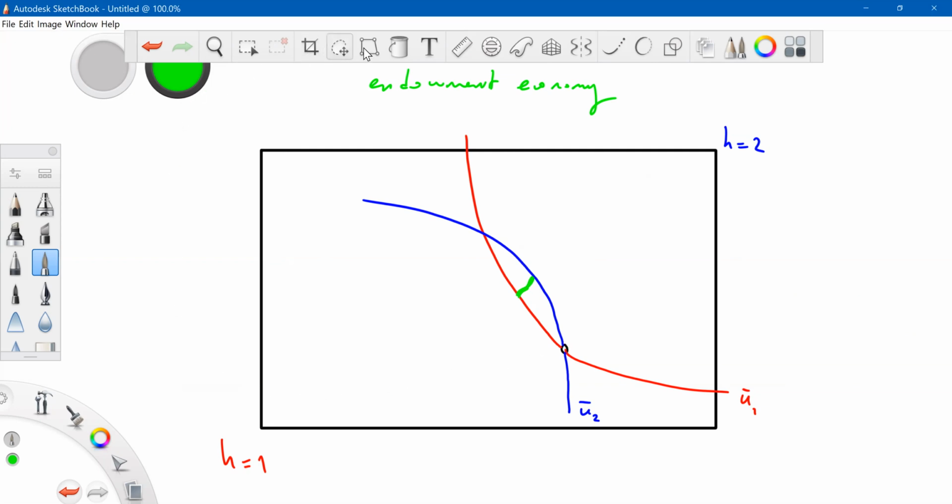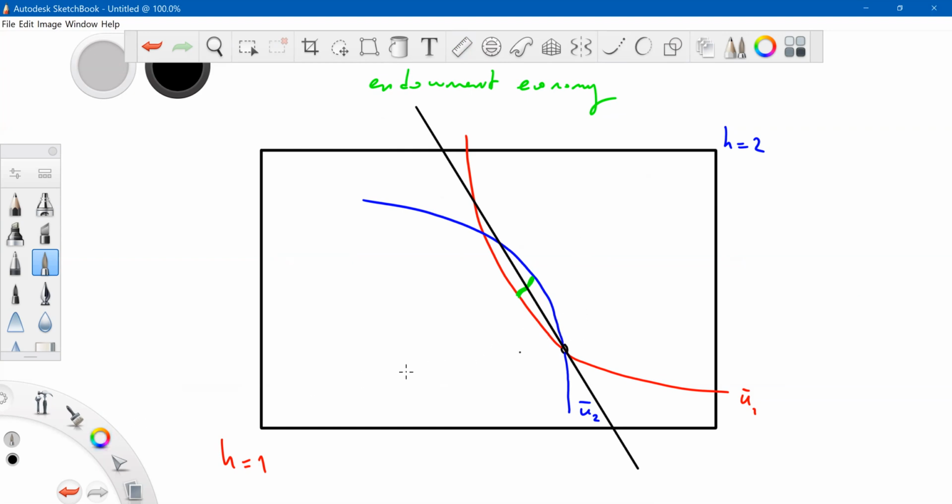So the price vector in equilibrium should intersect with the initial endowment points, okay?